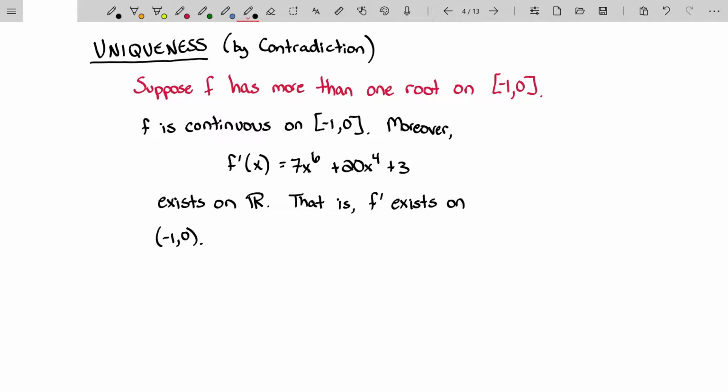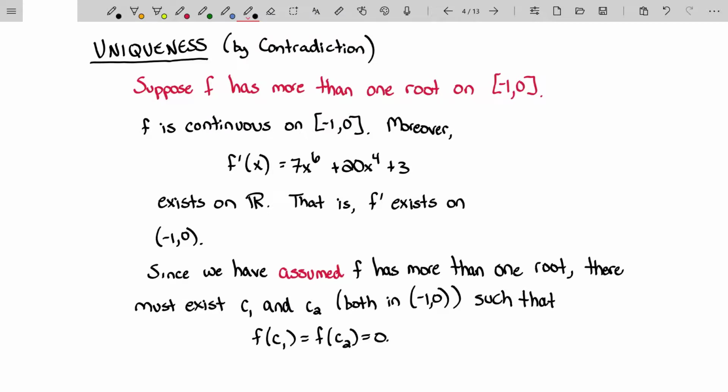It could be a bunch, but for right now, y'all agree with me that we have at least 2 places where it crosses the x-axis because we're assuming we have more than one root. And they all nod their heads and they say, yeah, of course. That's what the other attorney would want you to believe. And they say, yes, yeah, okay.